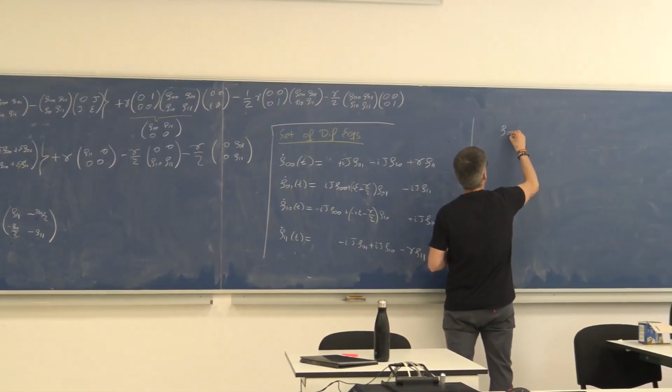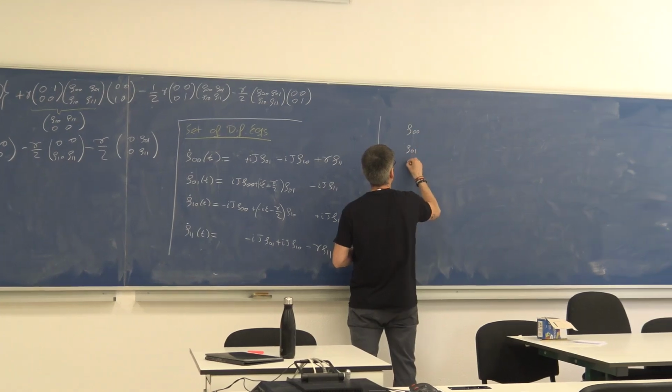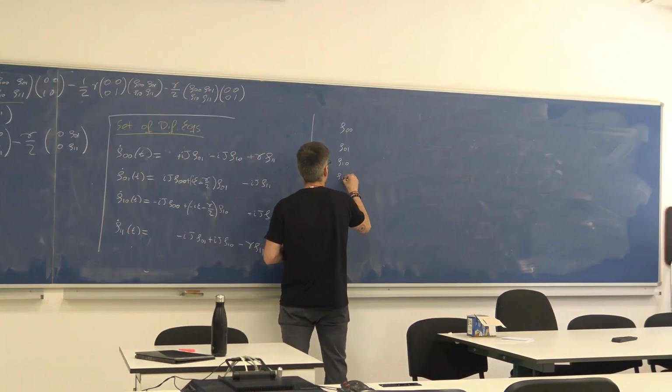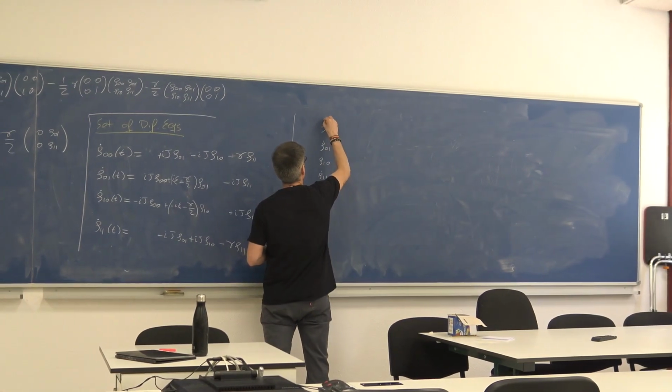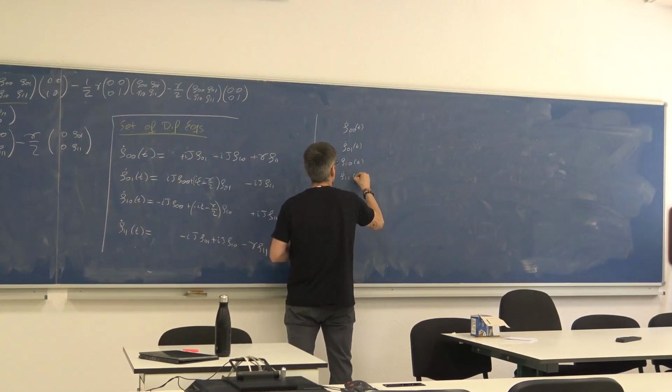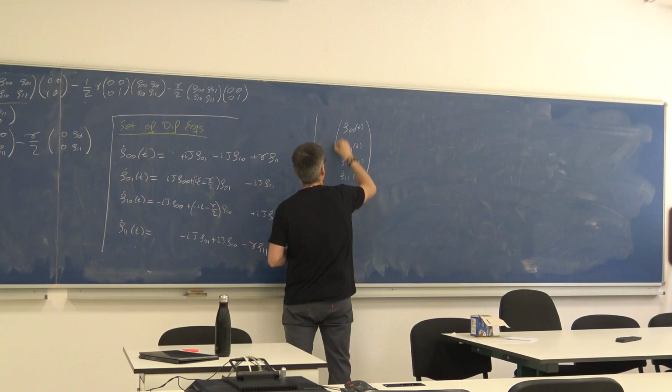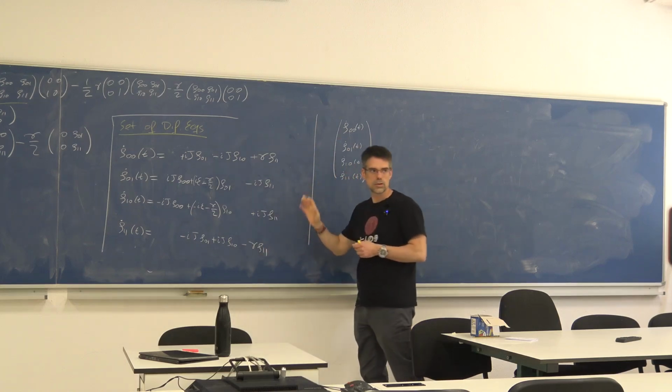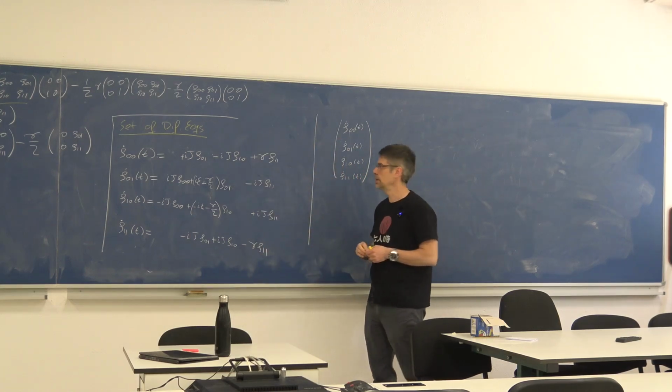Imagine that the vector is rho_00, rho_01, rho_10, rho_11, all as functions of t. Now I decide to write this as a vector just to summarize this. Okay?